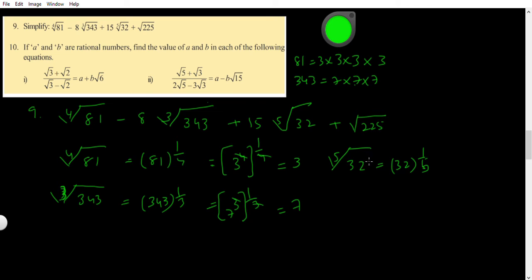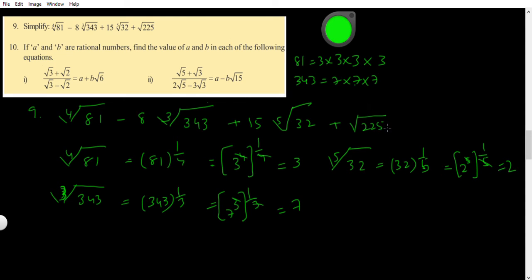There is no difference between these two. 32 we can write as 2 to the power of 5, to the power of 1 by 5. The 5s get cancelled, that equals 2. That means fifth root of 32 is nothing but 2.